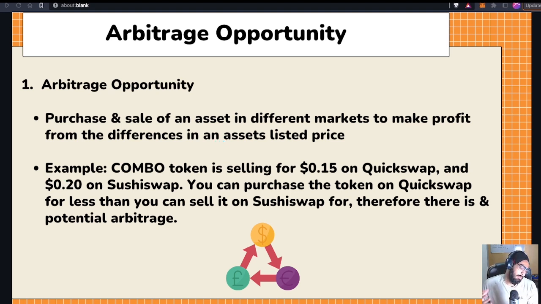Sometimes it's even less than that, right? So if you want to make profit, then you have to buy and sell a lot of assets, right? If you want to make good profit, maybe $1 million, you might buy $1 million of this combo token and sell $1 million on SushiSwap, right? So this is how you're making profit.